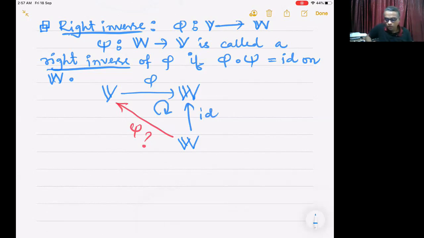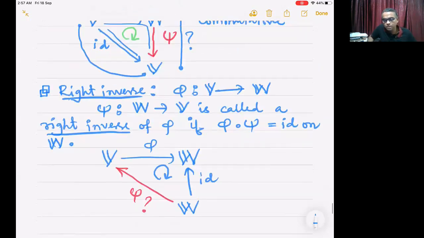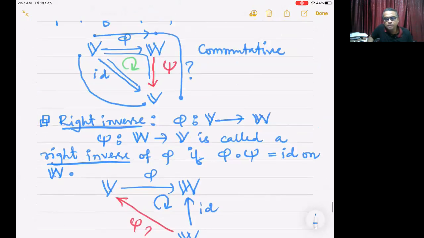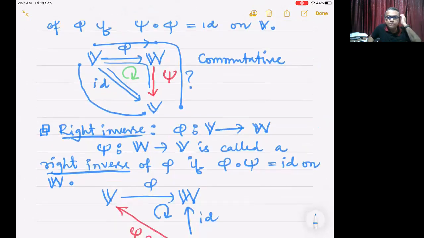Now, this looks like a kind of difficult question. How do I know whether such a map would exist or not? Matrix wise, it would mean that given a matrix A, left inverse means: does there exist a B such that B times A is identity of some appropriate size? Or given an A, does there exist a B such that AB is identity?